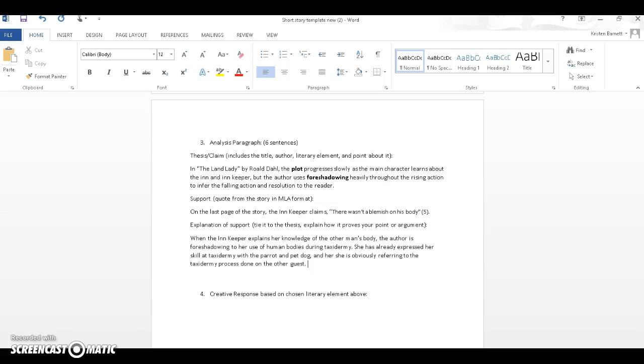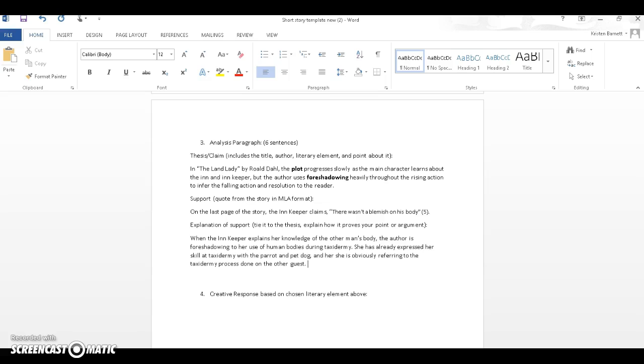You could have other support here. She also claims that they haven't left in the last 3 years. They are still there on the 3rd floor. So why would they still be there at this inn? Maybe they are dead. So that's some more foreshadowing that Roald Dahl uses.